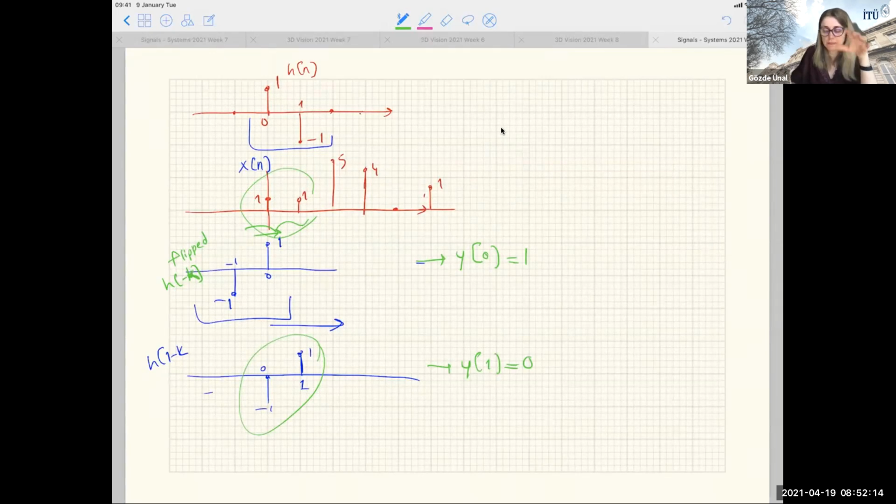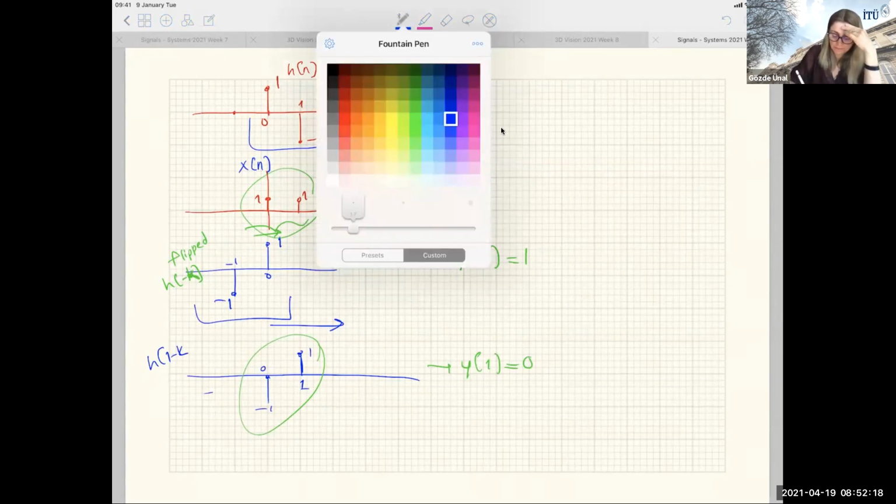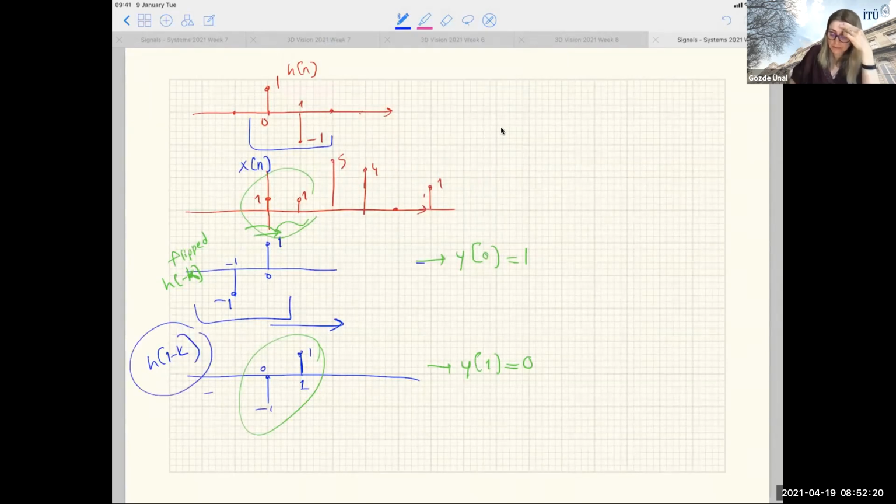Because please imagine, multiply this guy by x of n. Remember, this is really the sum of x of k, h of 1 minus k, because the shifts are in n here, summed over all k.